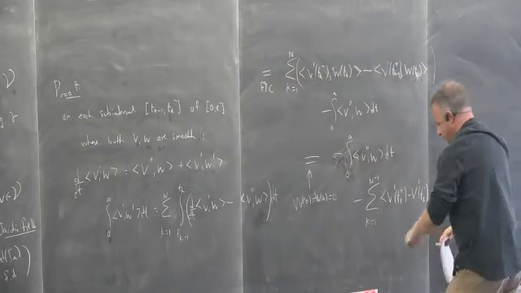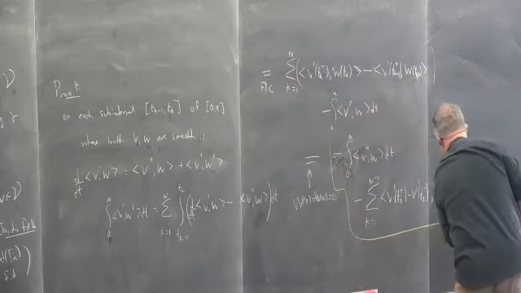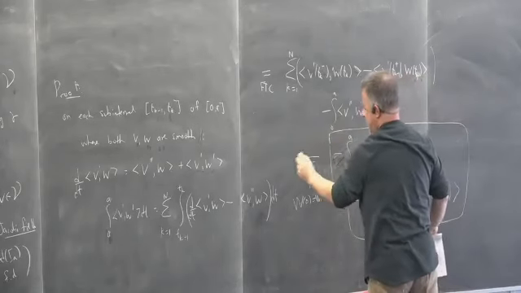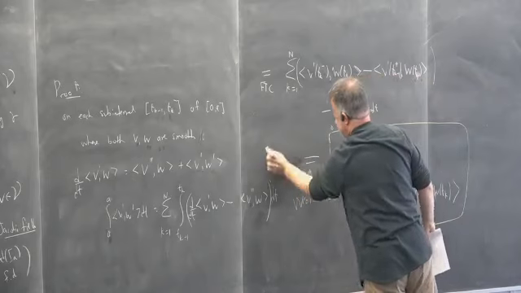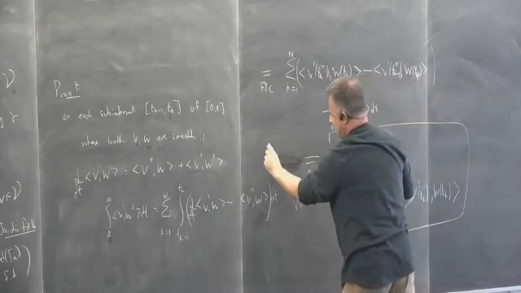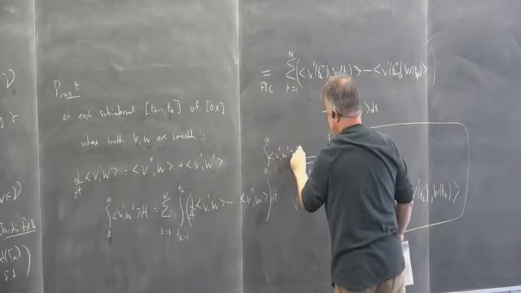We've had this formula before. So this is IA. Sorry, this is the integral from 0 to a of v prime w prime dt.